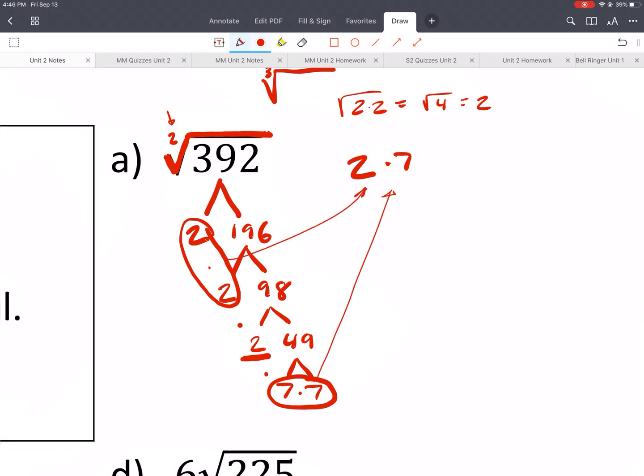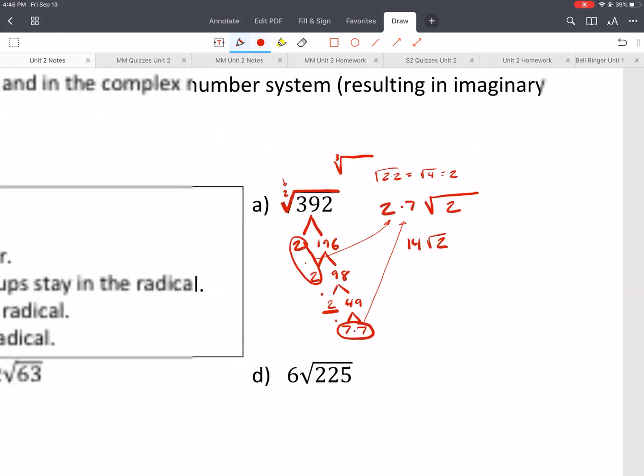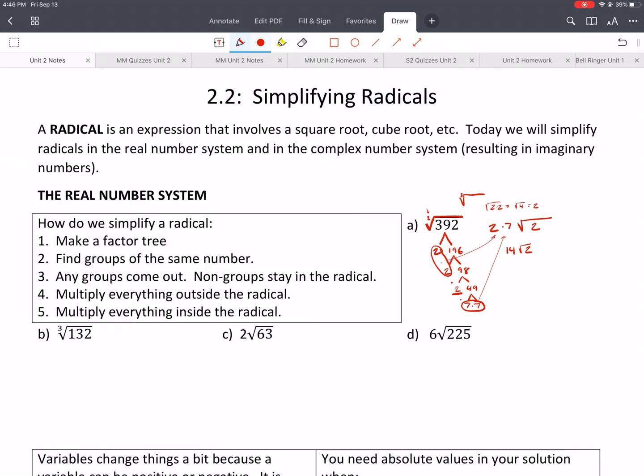And then anything that's not in a group stays in the radical, or the root. Then we can simplify. We get 14 square root of 2, and that would be it. Multiply everything inside the radical and multiply everything outside of the radical, and you're done.